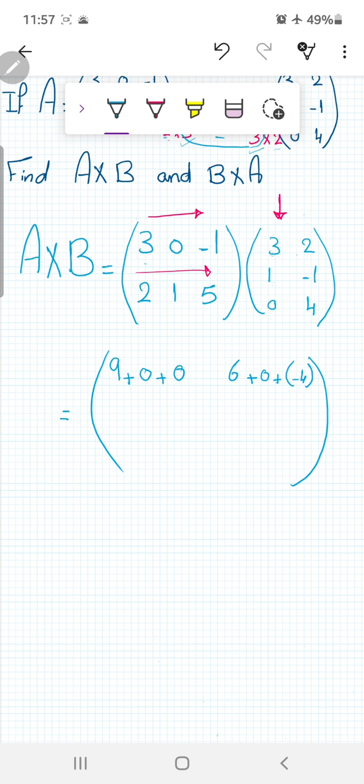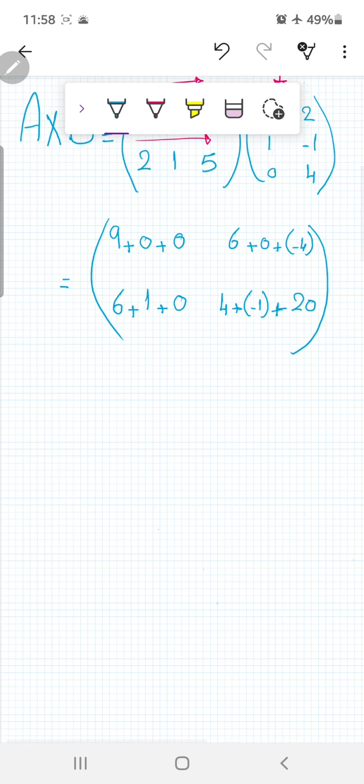What about the second row? Similar. 2 multiplied by 3, it will be 6, plus 1 times 1 equals 1, plus 5 times 0 equals 0. The second column. 2 times 2, 4, plus 1 times negative 1, negative 1, plus 5 times 4, 20.